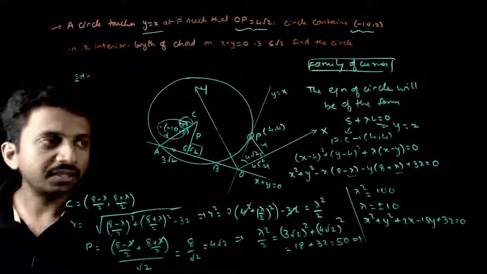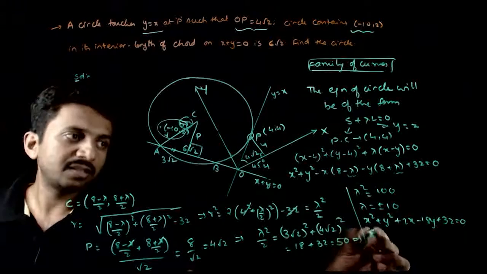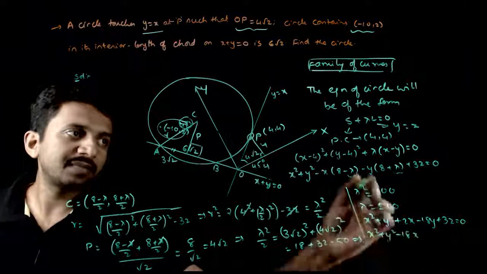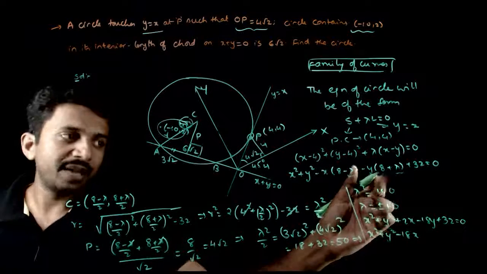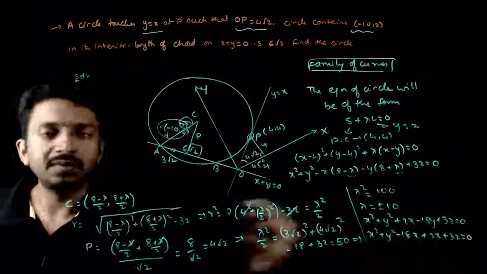That is one equation. अगर λ के लिए minus 10 put किया था, x square plus y square, यहाँ minus 18x, plus 2x plus 32 is equal to 0.